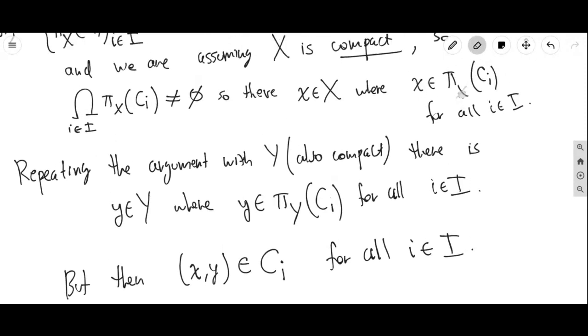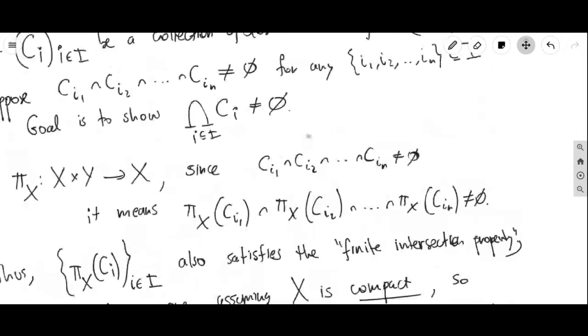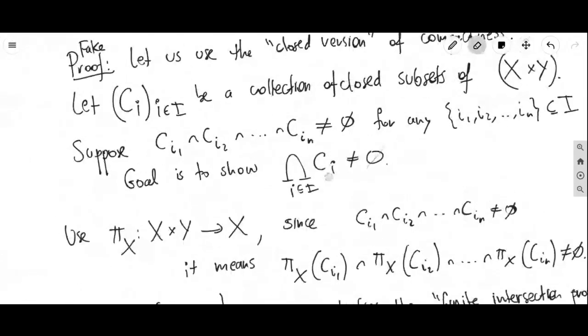The projection onto X means the first coordinate. x is always a first coordinate of all of these closed sets C_i, and y is always a second coordinate of these sets. So then x and y taken together as a pair would be an element of C_i for all i. And what does that show? That shows that the intersection is non-empty, because you can find the point that belongs to all of them.